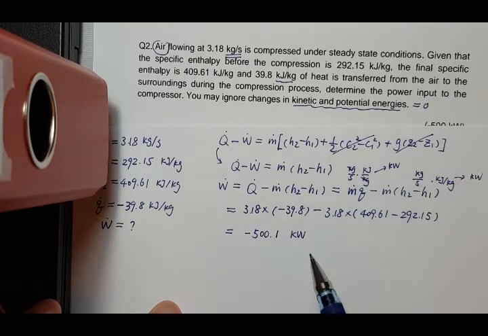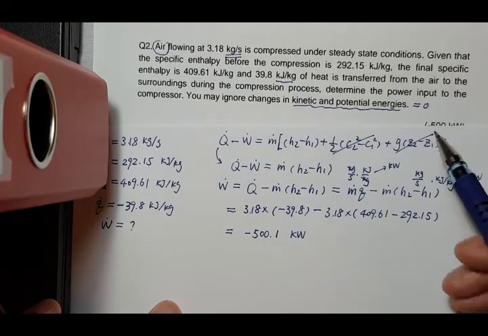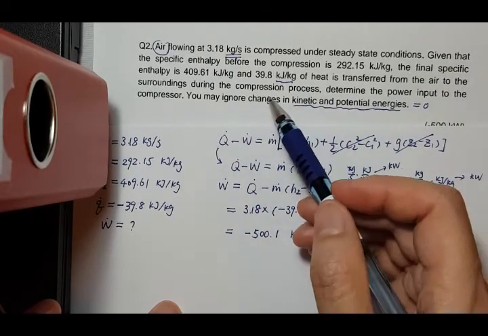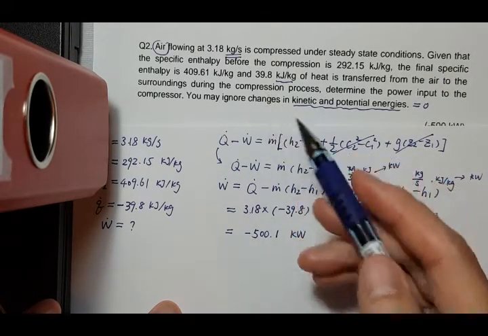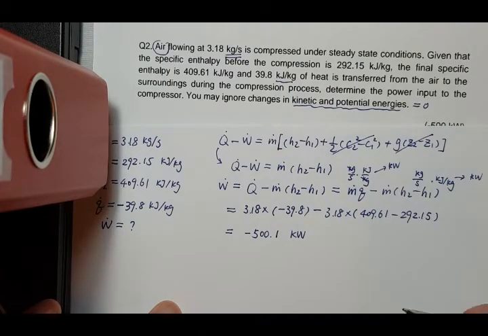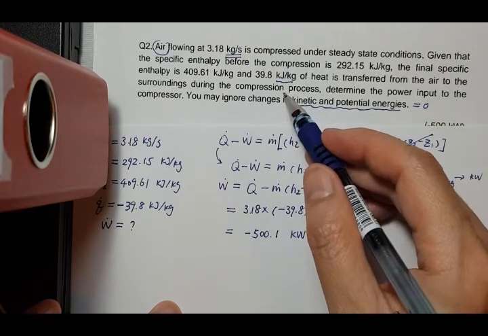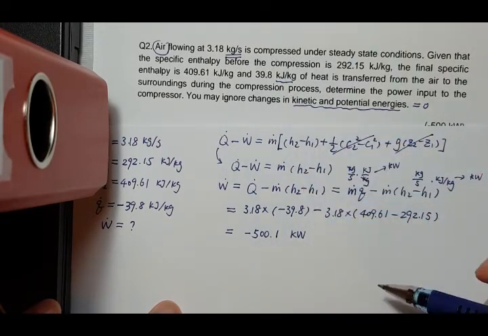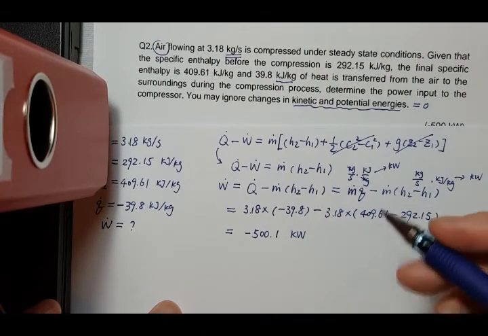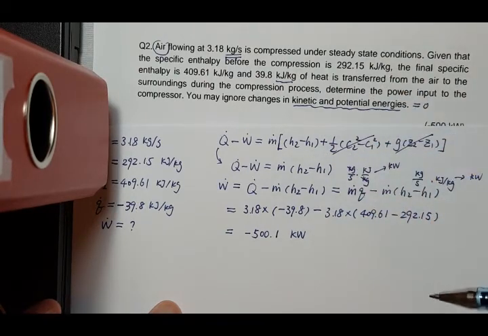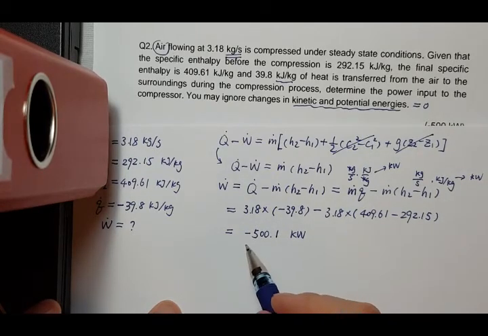And this is exactly how a compressor is working, because you can see this is a compressor. A compressor works the other way around from a turbine. A turbine is outputting work, and for a compressor, you do need to input work, so you need to input electricity for the compressor to work. This means that this minus sign is actually correct here.